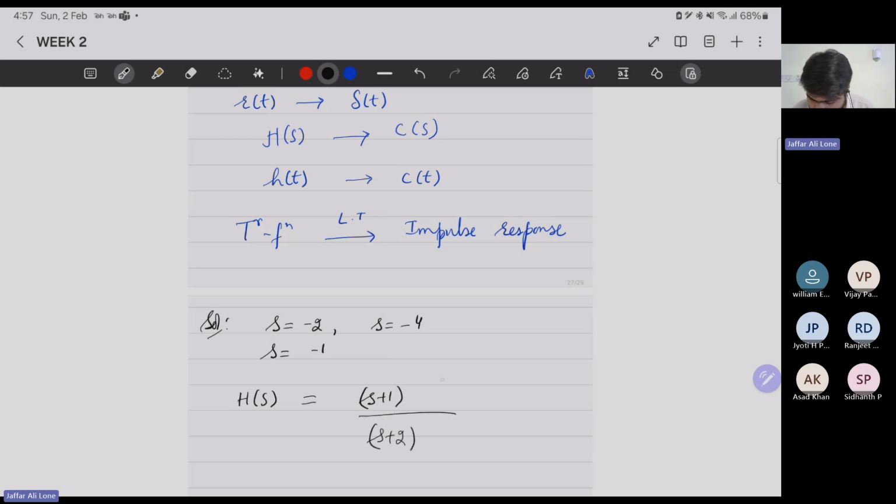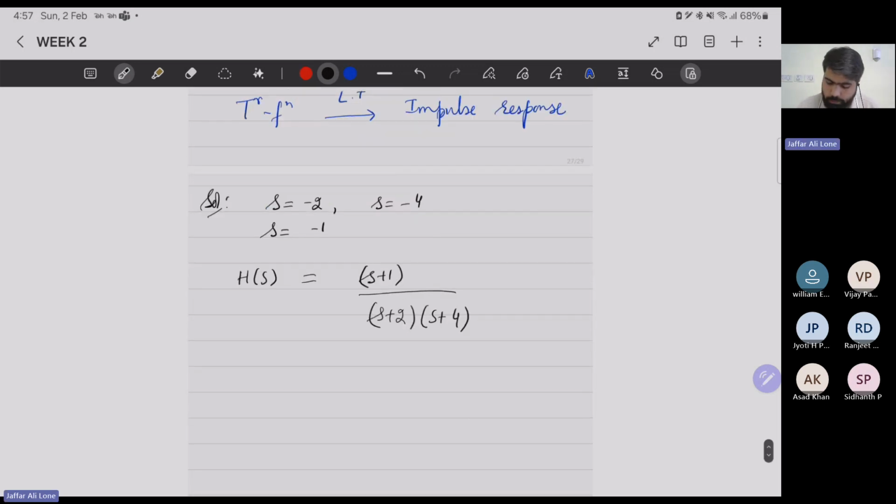We can write it based on the zeros and poles. This is a zero. These are poles. But again, we do not know the constant gain that's multiplied with the system, so we can keep it as k, because that can be anything. Based on the information that the system has two poles and one zero, and both are simple, you can easily write it.